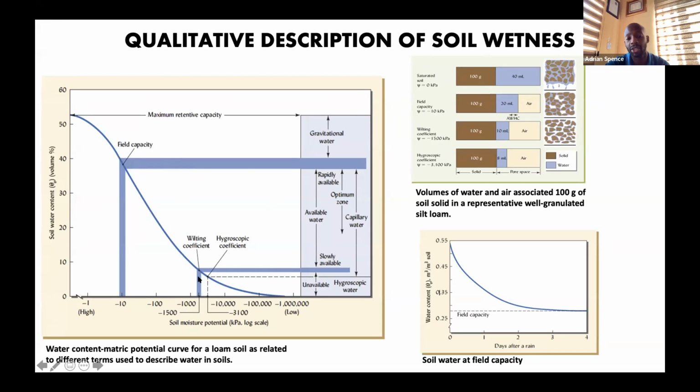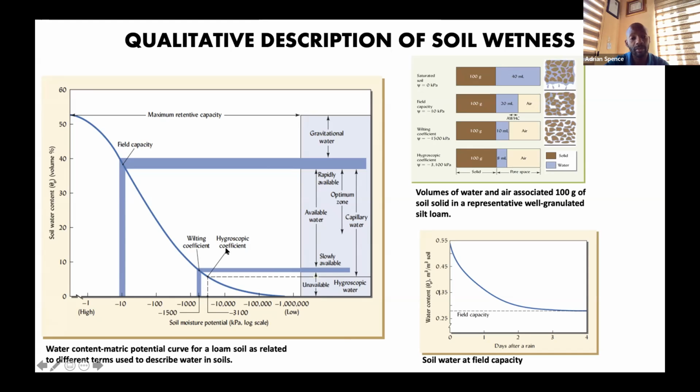If there's vegetation present here, you will also lose some water through evapotranspiration. But at the wilting point or the wilting coefficient, essentially what happens is that the plant is unable to exert enough force to remove water from the soil particles, and thus wilting sets in.